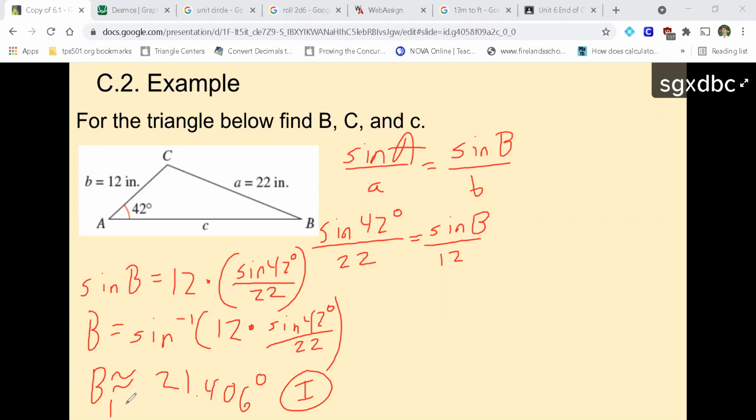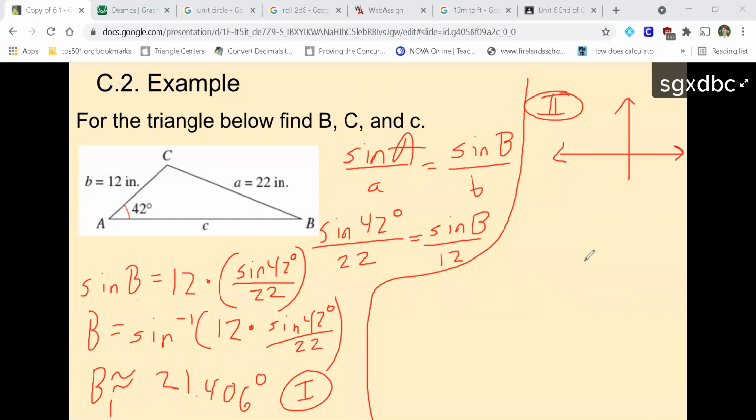To get the answer in the second quadrant, what you're going to have to do is make this little picture in your head. If this is the angle in the first quadrant, 21, and that corresponding angle over here would be 21.